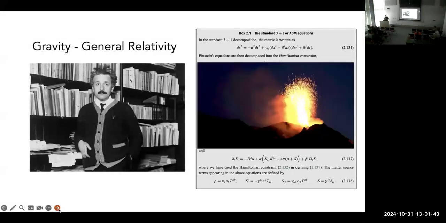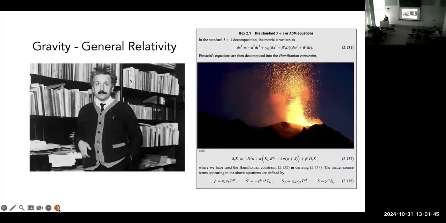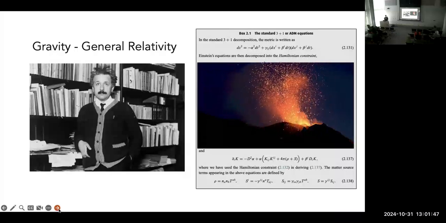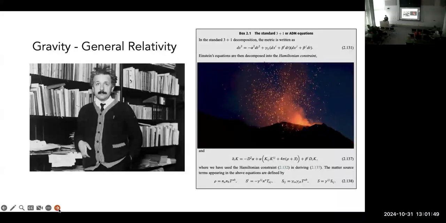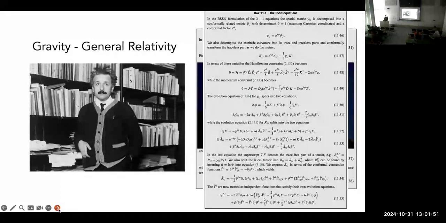And if you just throw it in a computer, you will painfully notice that it will just blow up because it's highly unstable. That took another 50 years to find this formulation. This is what we are using, the BSSN formulation, to actually simulate gravity in a computer fully. And it's a massive pain.